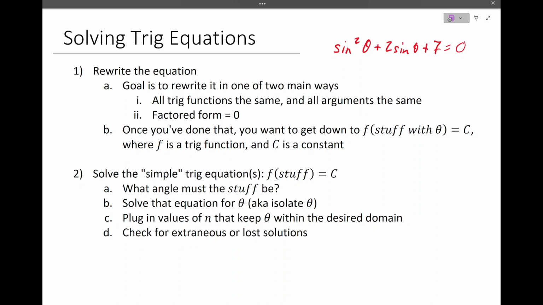So often we want to rewrite the equation in one of two main ways. Actually, I'm going to change this to, let's say, cosine, just to get the point across. So there are two ways that I categorize rewriting these equations. One way is to make sure that all your trig functions are the same. So that would mean all sines or all cosines or all tangents or whatever.